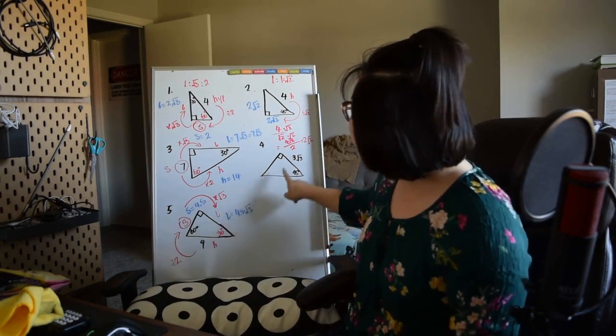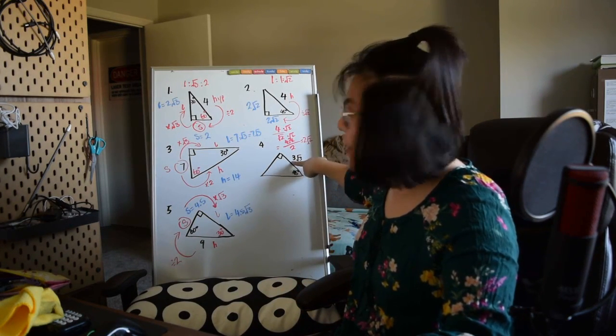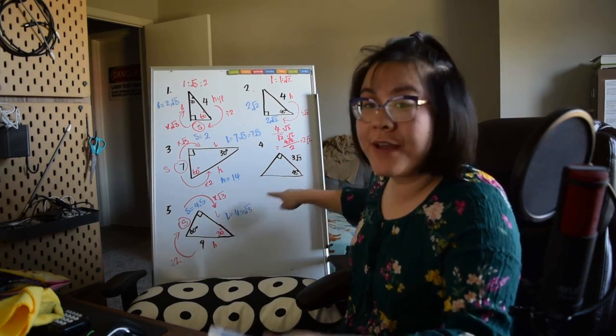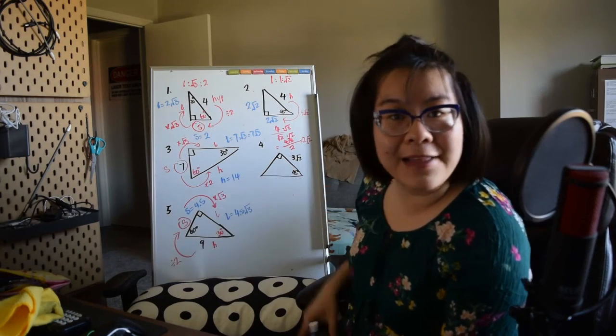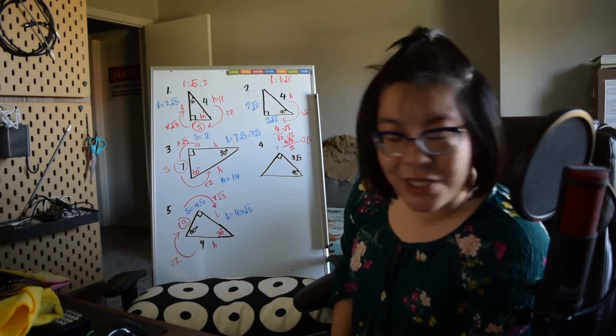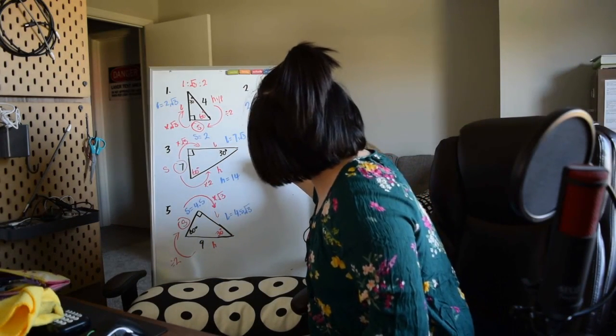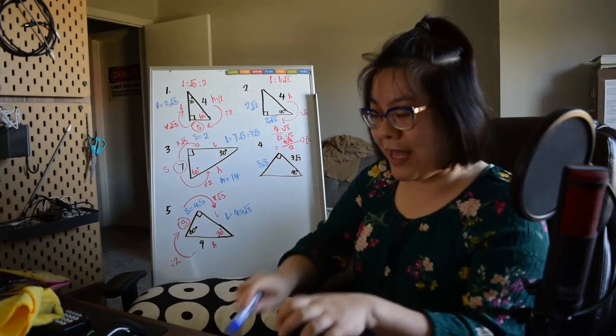Okay, number 4. My one leg is 3 radical 3. We want to figure out the hypotenuse. Before we do, can you tell me what the other leg is? Since one is 3 radical 3 and it is an isosceles triangle, the other one is also 3 radical 3. Then we go to the hypotenuse.